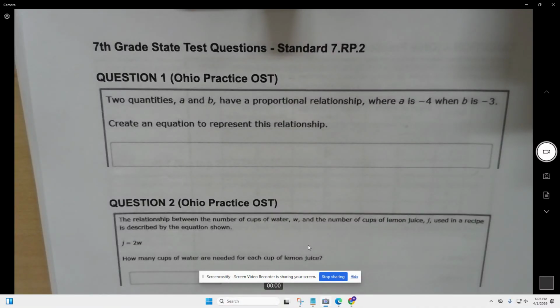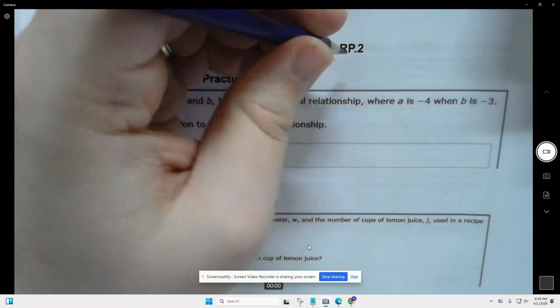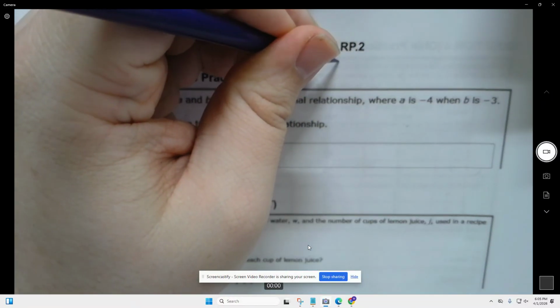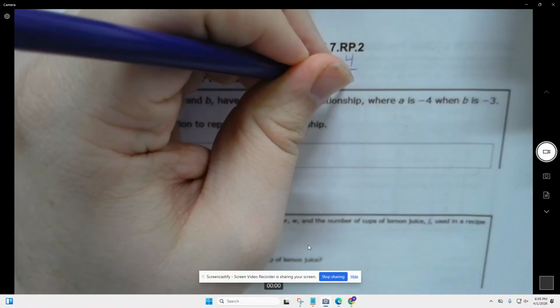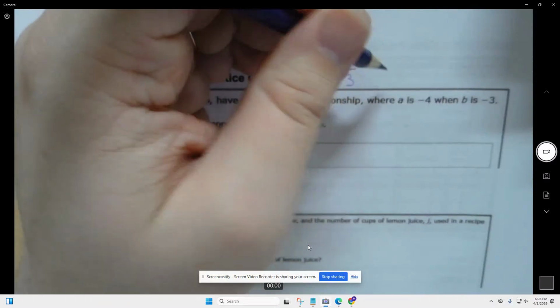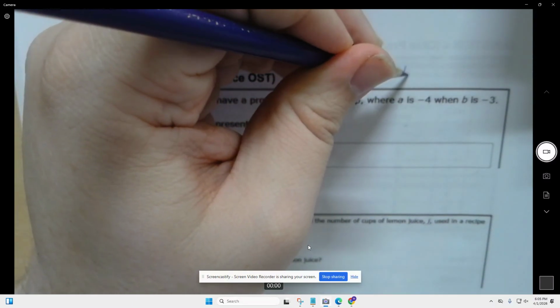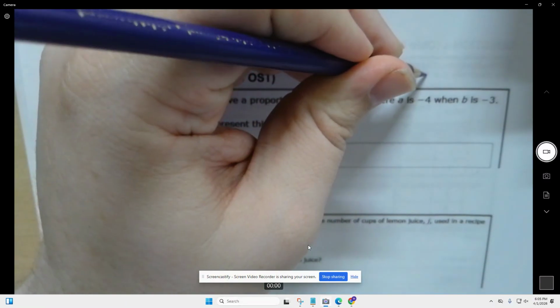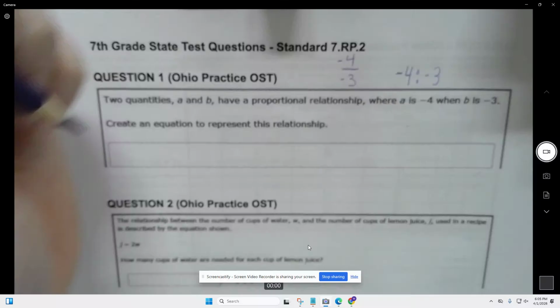Number of ways you can look at a proportion. Usually I prefer to do fractions, so -4 to -3, or you could do it with the colon, -4 to -3, okay?